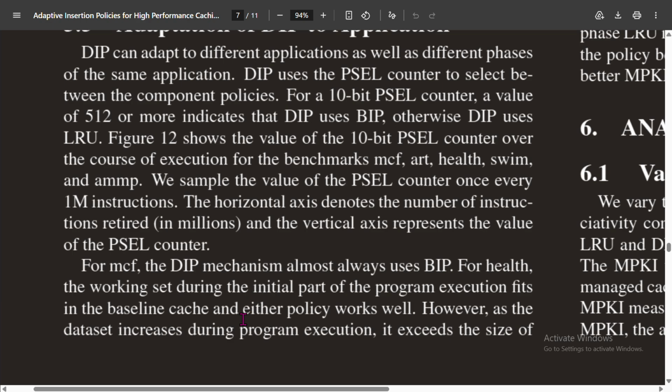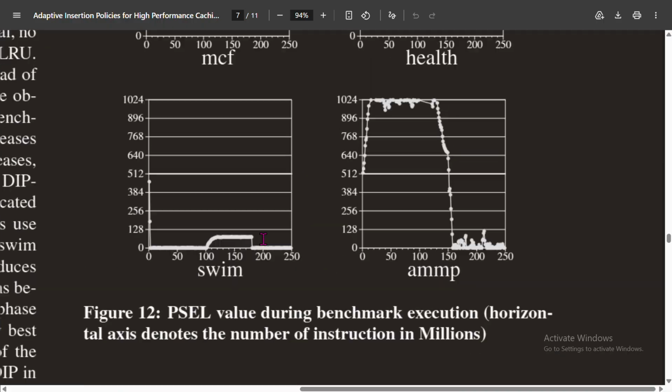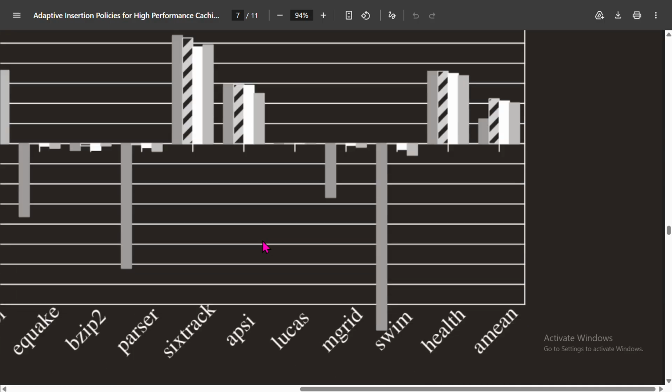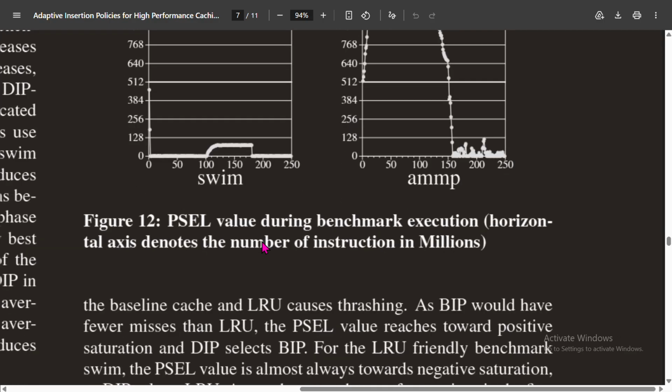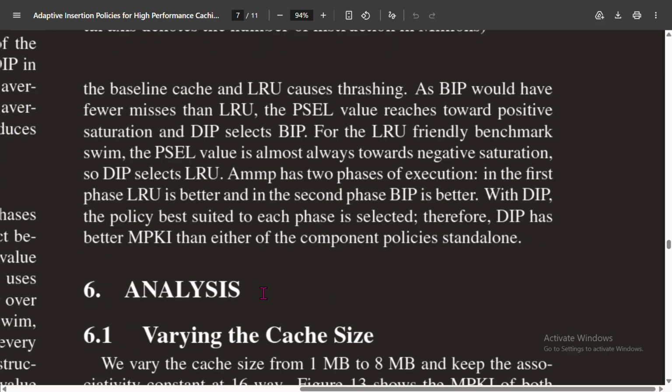For health, the working set during the initial part of the program execution fits in the baseline cache and either policy works well. However, as the dataset increases during program execution, it exceeds the size of the baseline cache and LRU causes thrashing.